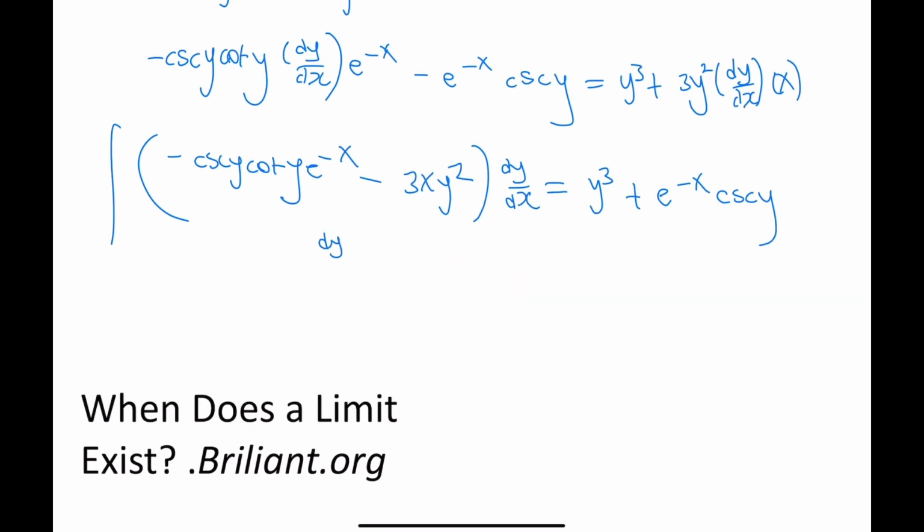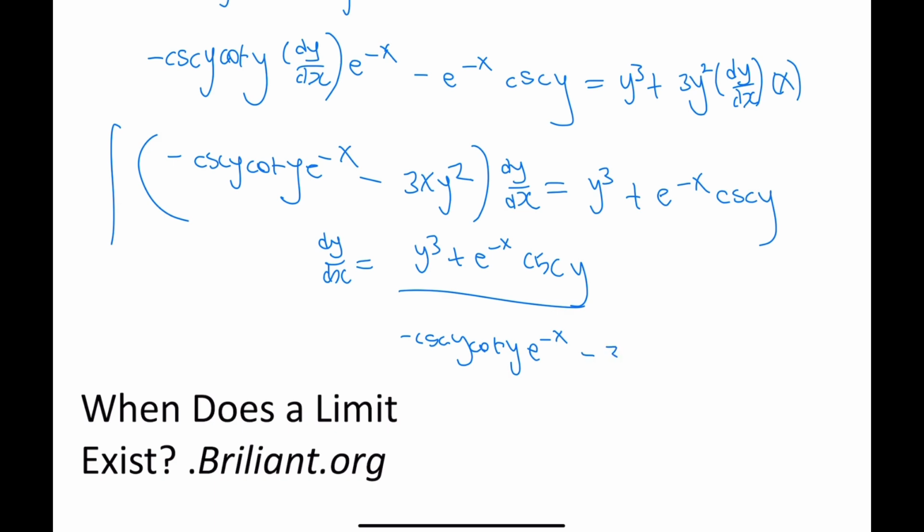And then dy over dx is basically equal to y to the third plus e to the negative x cosecant y all over negative cosecant y cotangent y e to the negative x minus 3xy squared.